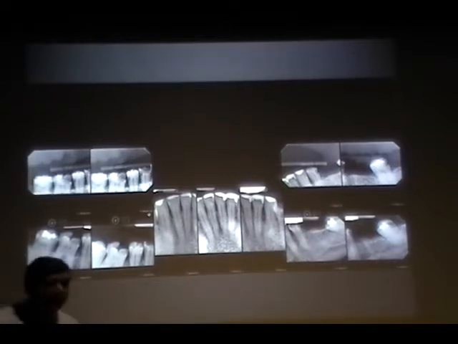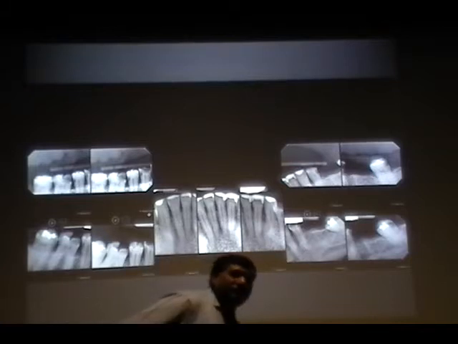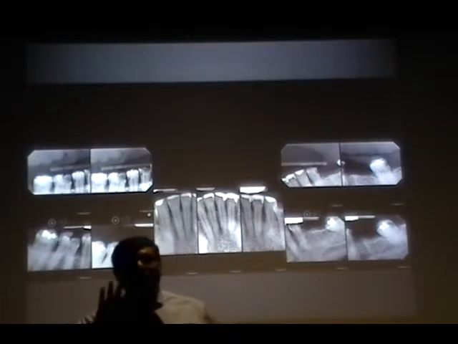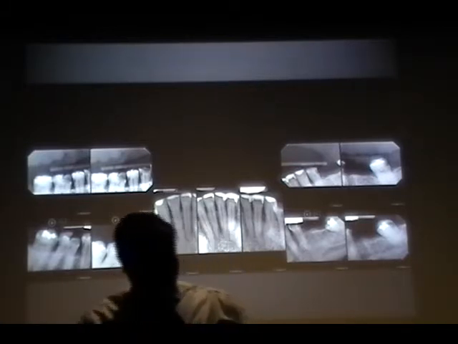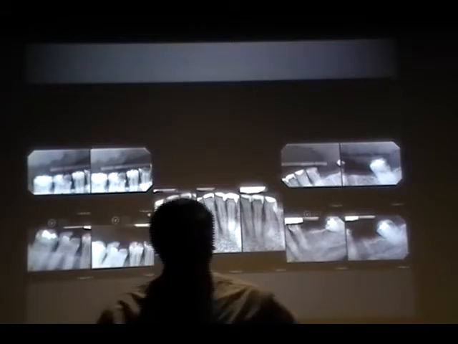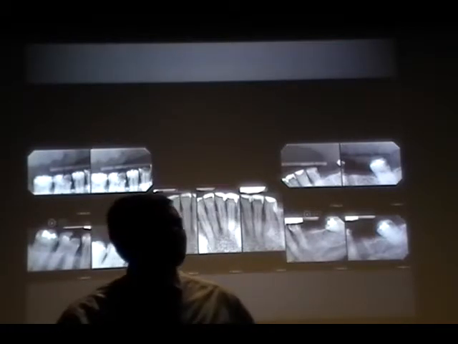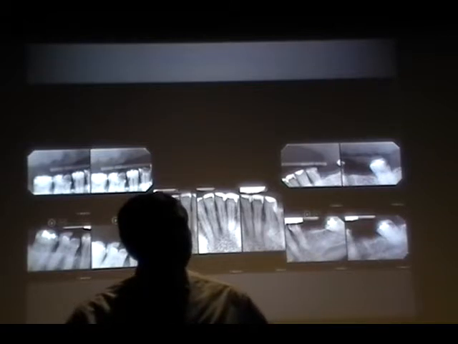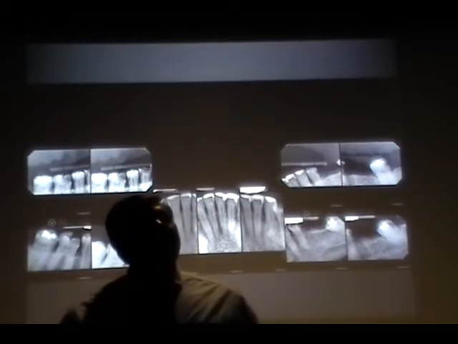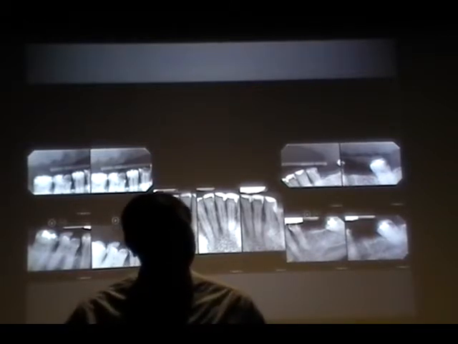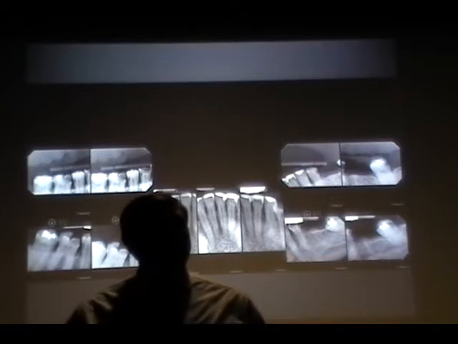The incisors and part of the canine. Which incisor? There are four incisors. It's called the lateral incisor view. So that means we need to capture the lateral incisor, and next to that is the canine.